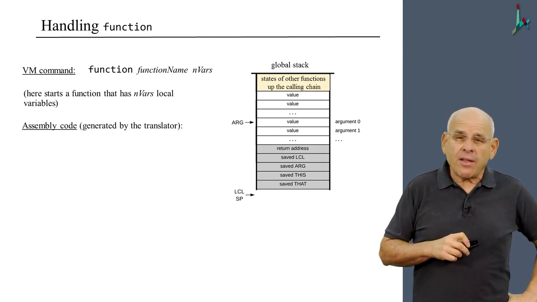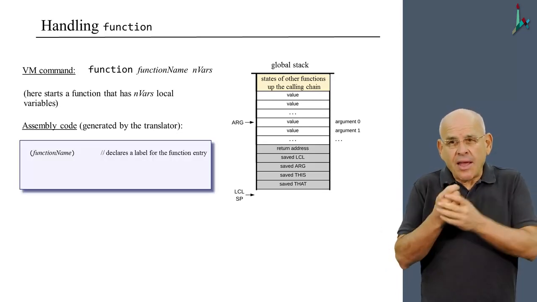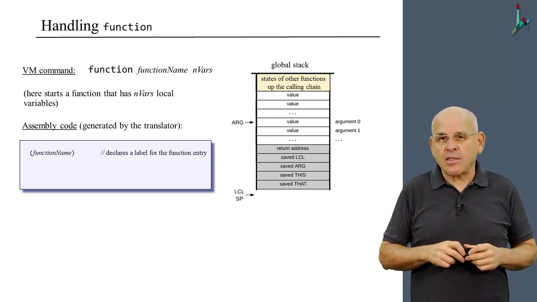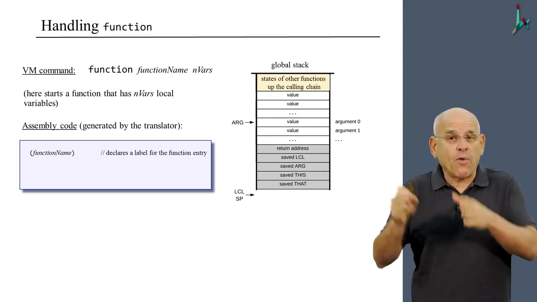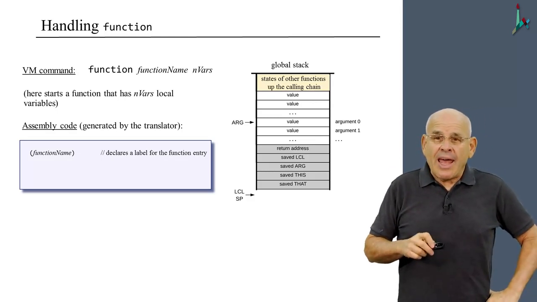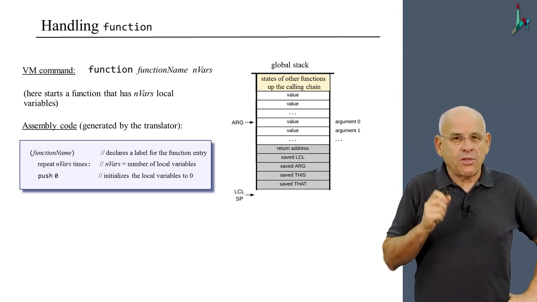I can generate the following assembly code. First of all, I take the function name and generate this label, as I explained before, and I write it into the generated code stream. Then I repeat nvars times push 0.